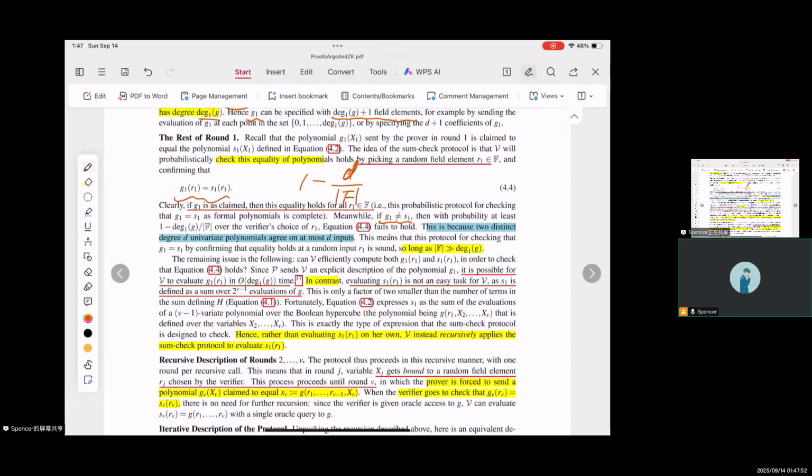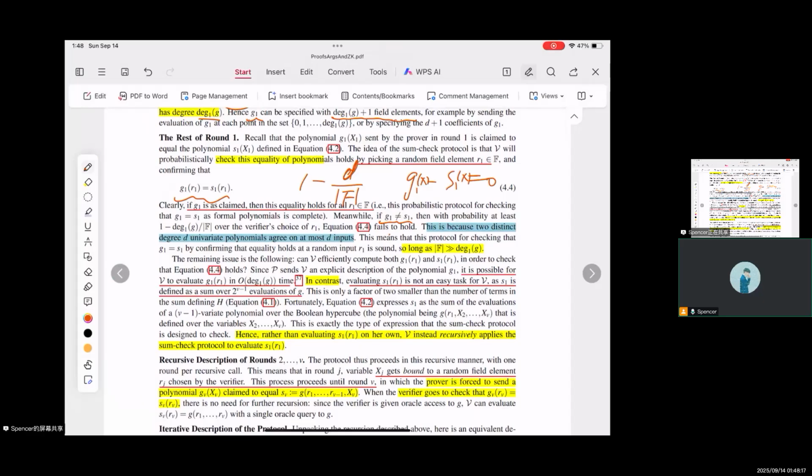We can regard it as g1 minus s1 equals 0, where r1 is the unknown x.